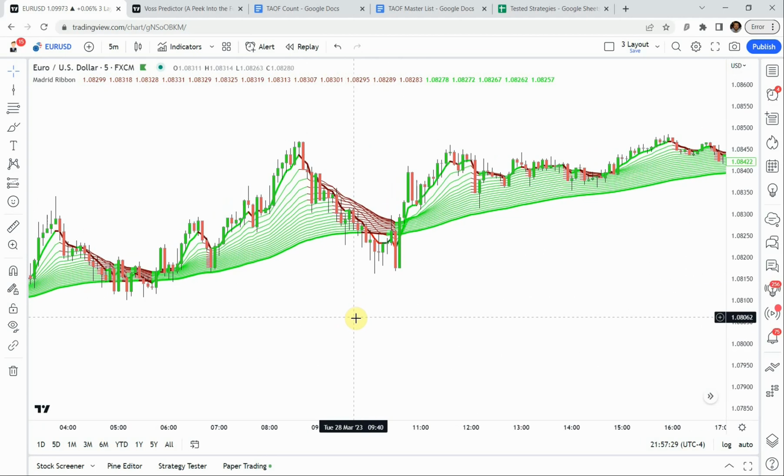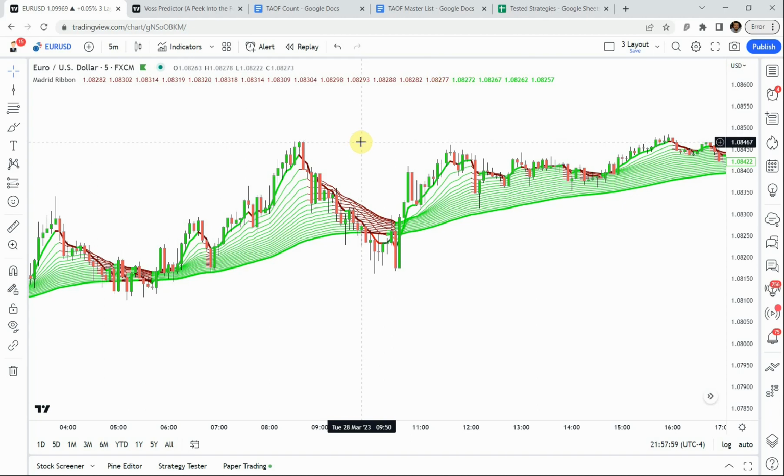The easiest way to see what color all the moving averages are is to look at their coordinates right here at the top, right next to the Madrid ribbon name. You can see all those different numbers are different moving averages.